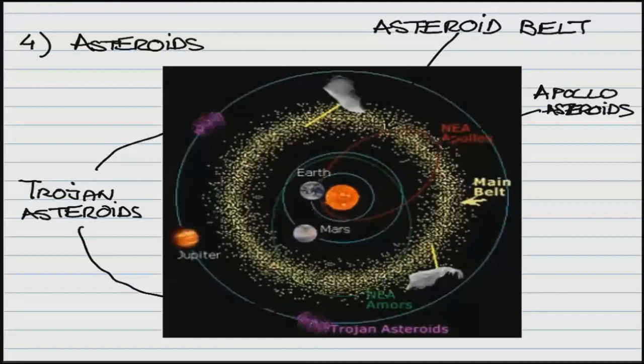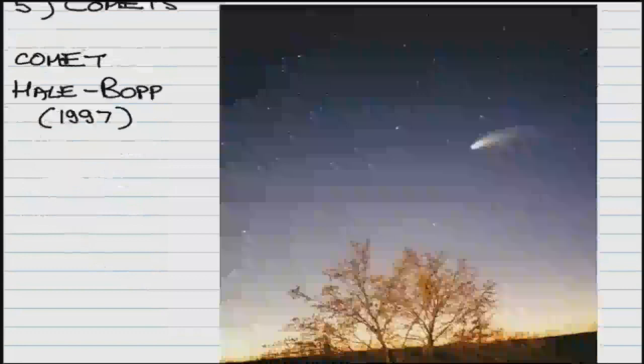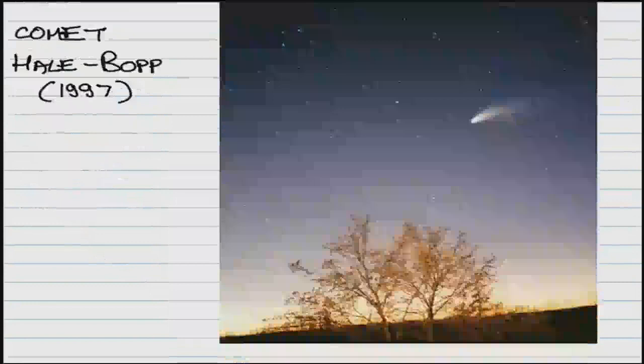Then there are comets, as I mentioned before, and here is the photo of Hale-Bopp comet that was visible in 1997. You can see, this is, I guess, between day and night photo. It's quite visible by the naked eye. And there are in fact two tails: the so-called dust tail, and then an ion tail. It turns out that a comet's tail always points away from the sun.